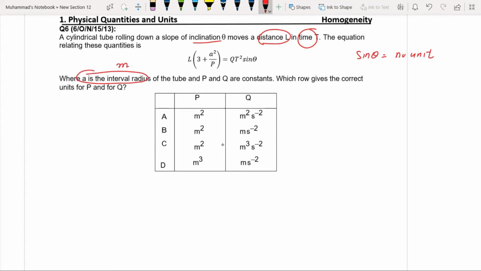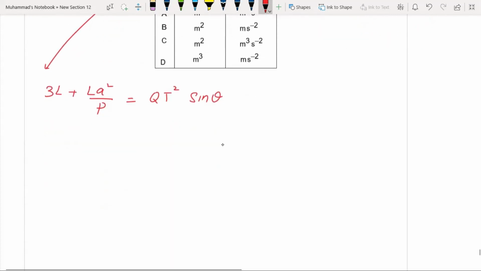So first simplify this equation. Let's say this is 3L plus L A square over P equal to Q T square sine theta. What I have to do, as this equation has more than one terms, on the left hand side you have two terms, and this term has unit of meter. So according to homogeneity principle, if an equation has more than one term, each term should have same units.